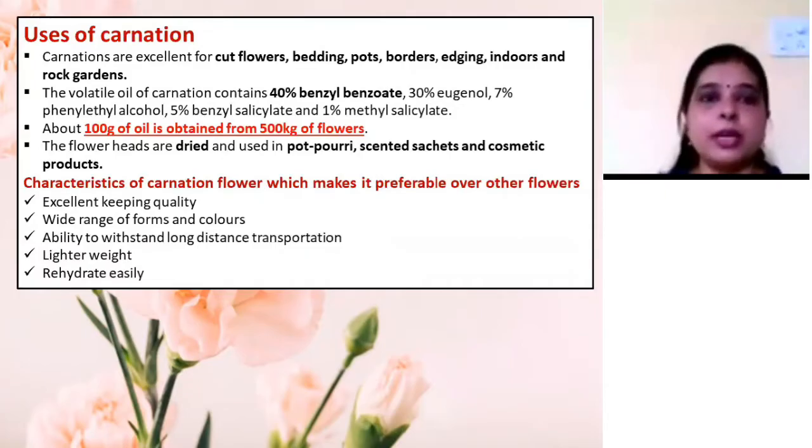Vase life of carnation is very good, and a wide range of colors, that is white, pink, orange, red, all these colors are available in carnation, and the weight of this carnation flower is very low. So a greater quantity of flowers can be accommodated and transported to distant markets, and it rehydrates very easily.